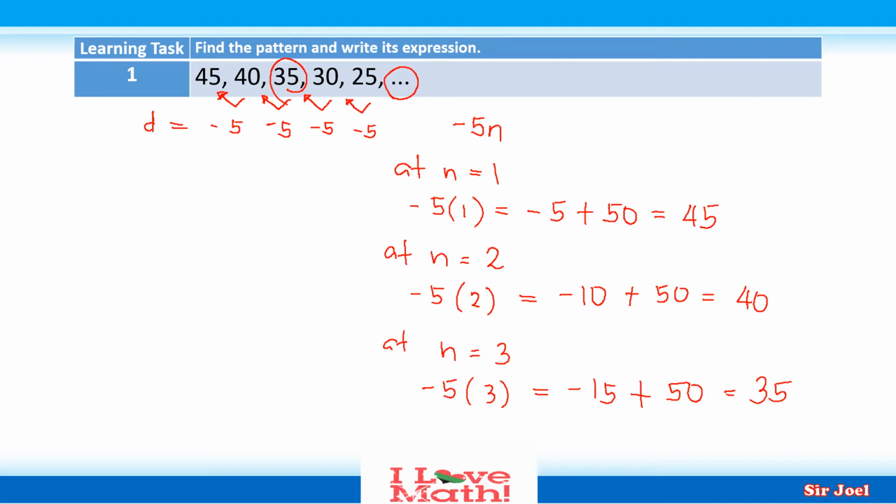Ibig sabihin, hindi lang negative 5n ang ating rule, nangangailangan pa siya ng plus 50. At ito ang ating magiging kasagutan. Okay? Check.